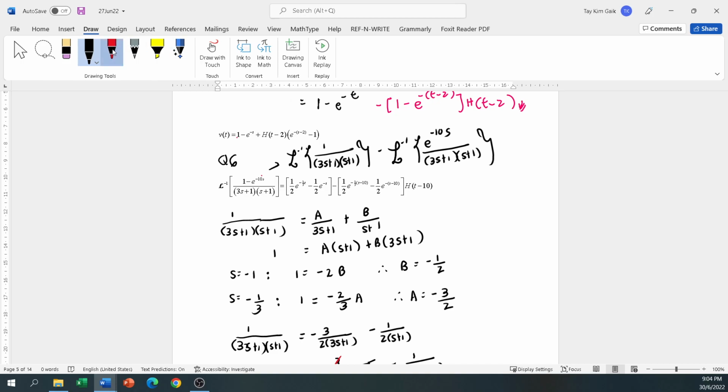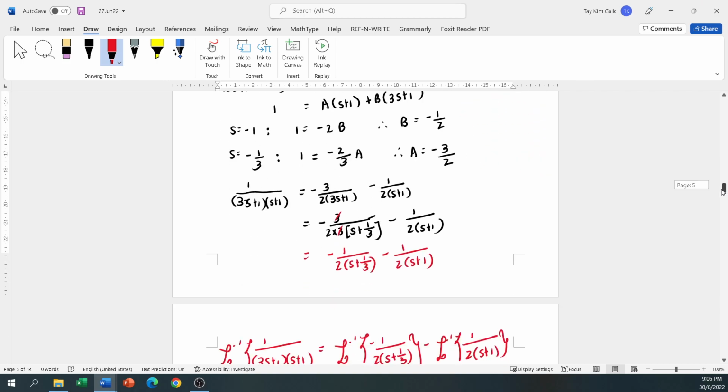You notice the second term is in the form of the inverse Laplace of e^(-as) F(s), where the result you will get is f(t minus a) h(t minus a), where a in this case is 10. And F(s) is the same as the first term, so f(t) is the result here. So t is replaced by t minus 10 in the whole term, multiplied by h(t minus 10).